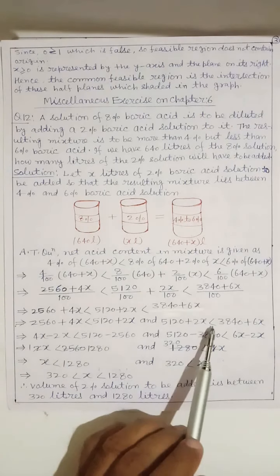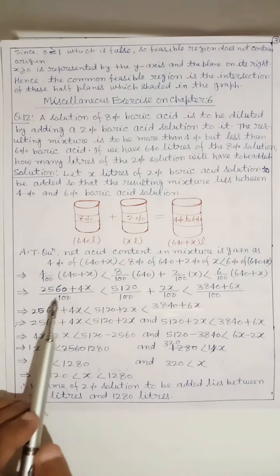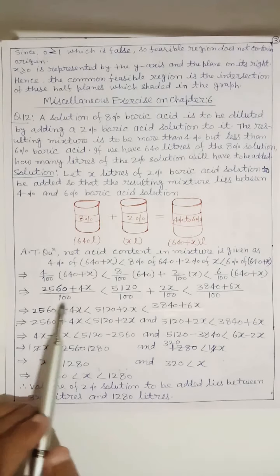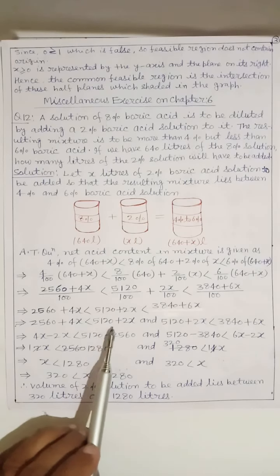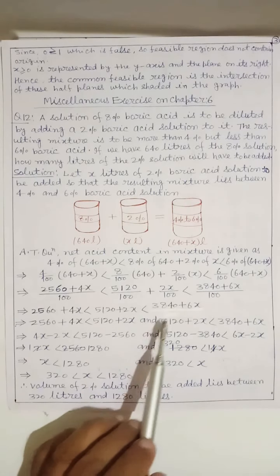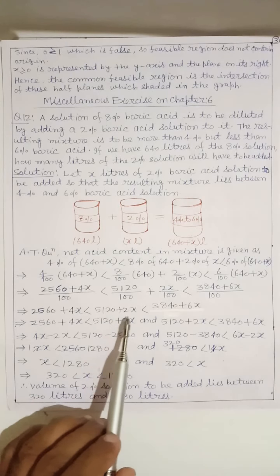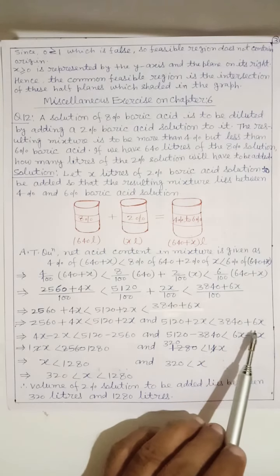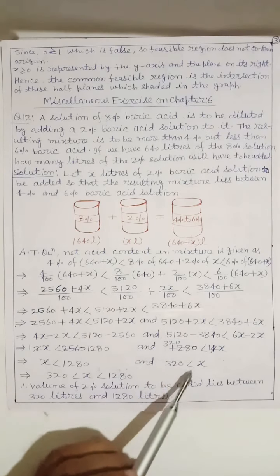We solve this by taking two parts. First, 2560 plus 4x less than 5120 plus 2x, and second, 5120 plus 2x less than 3840 plus 6x, and we solve each of these.